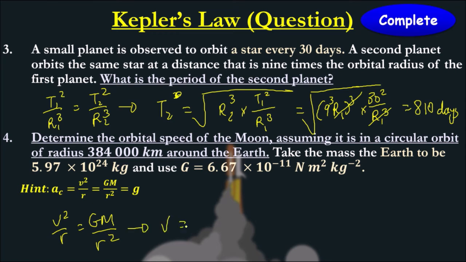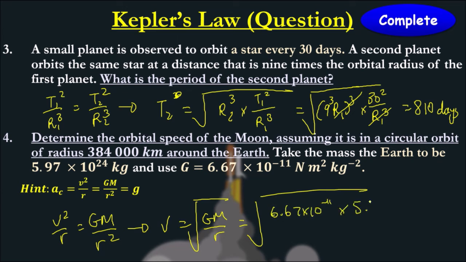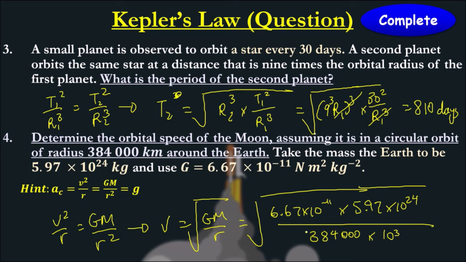So, we can find the orbital velocity. And we get the following value here. And you find that you'll get a velocity of approximately 1.02 times 10 to the power 3 meters per second. Okay, so that's question 3 and 4.